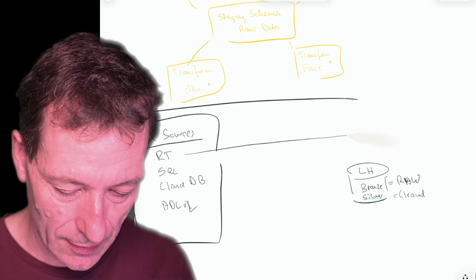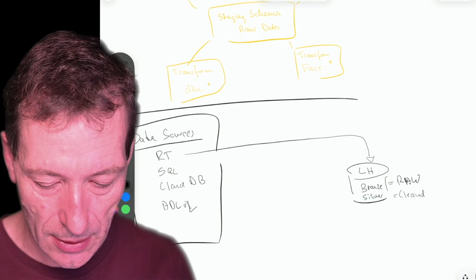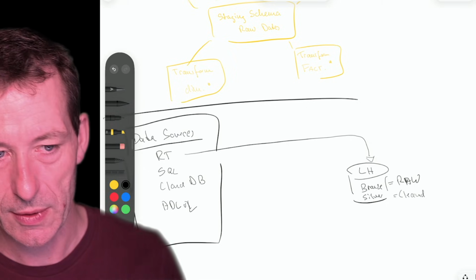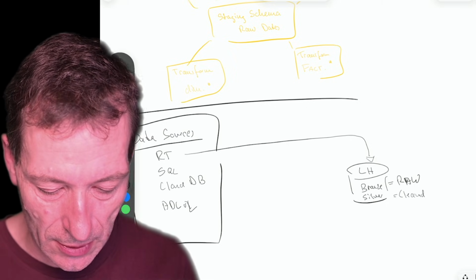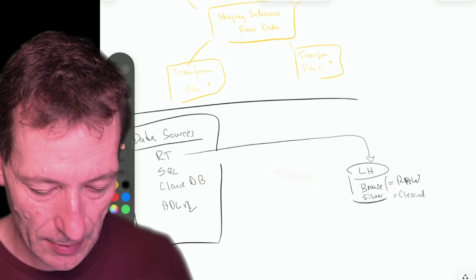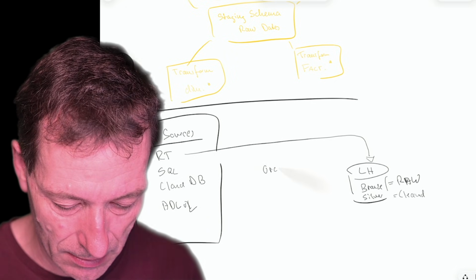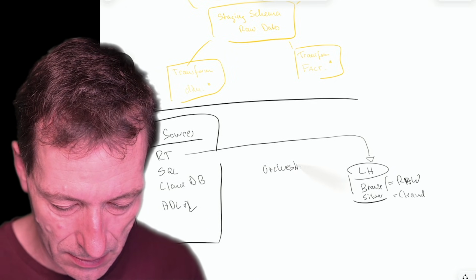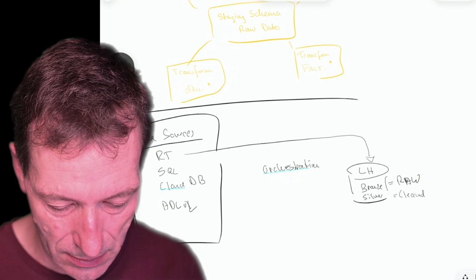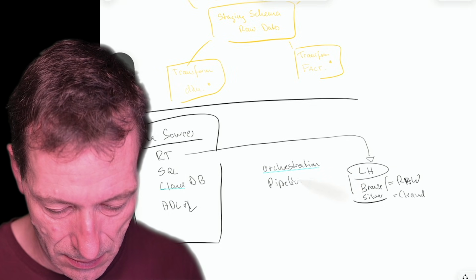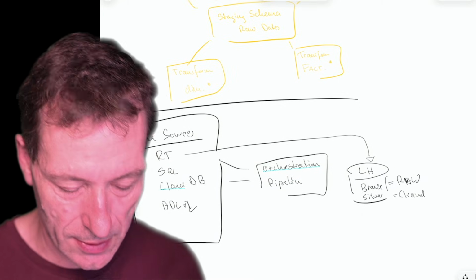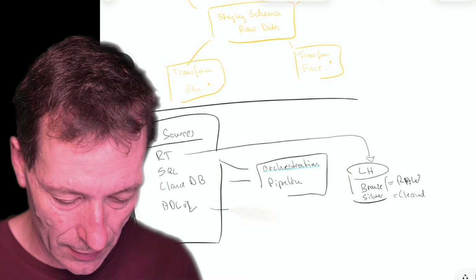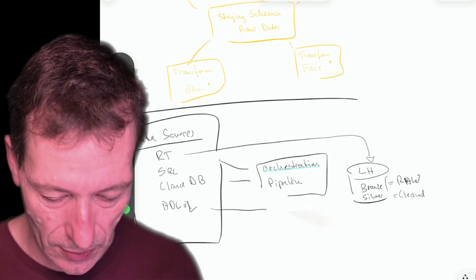The real-time data, the event stream, typically goes directly into the lakehouse and the bronze layer. The on-premise or cloud SQL or cloud DB or whatever have some kind of orchestration pipeline. So they go both through orchestration pipelines, and the file data is typically copy.